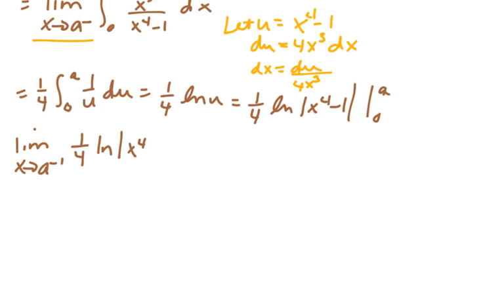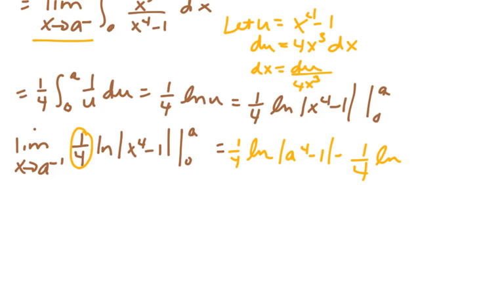x to the 4th minus 1, and evaluate that between 0 and a. I'm going to pull out the 1/4 on the other side of the limit. So it's 1/4, and I'm going to use the fundamental theorem of calculus here: ln of a to the 4th minus 1, minus ln of 0 minus 1.